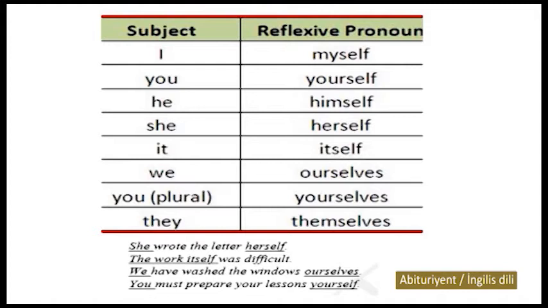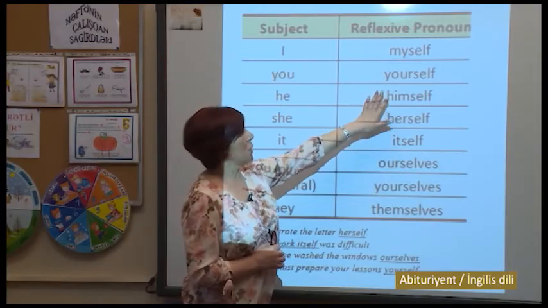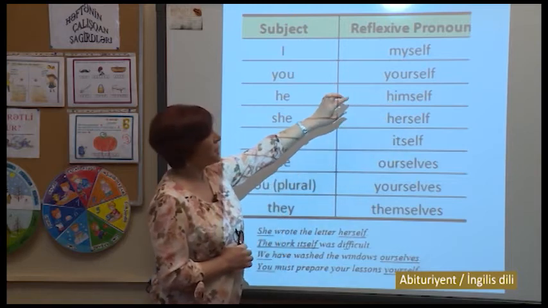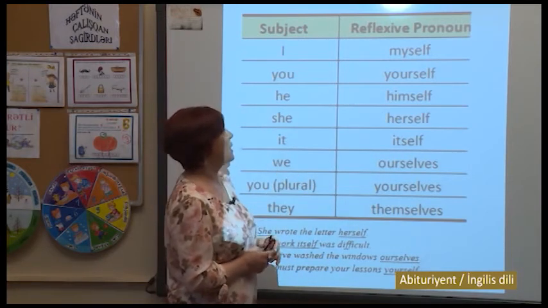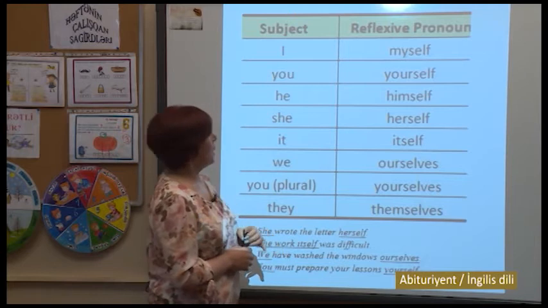What about he, it? When we form the reflexive form of he, we don't take its possessive form, we take its object form. It is an exception. Not hisself, it is himself, and it is the same with itself as well.